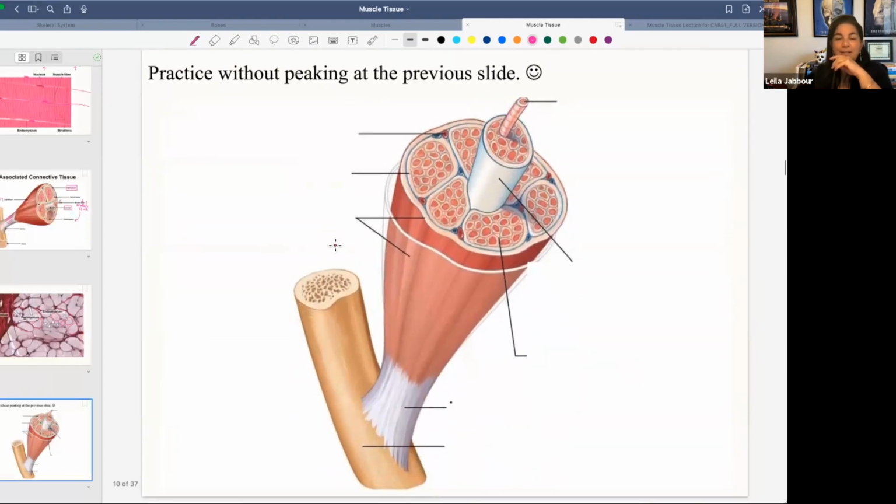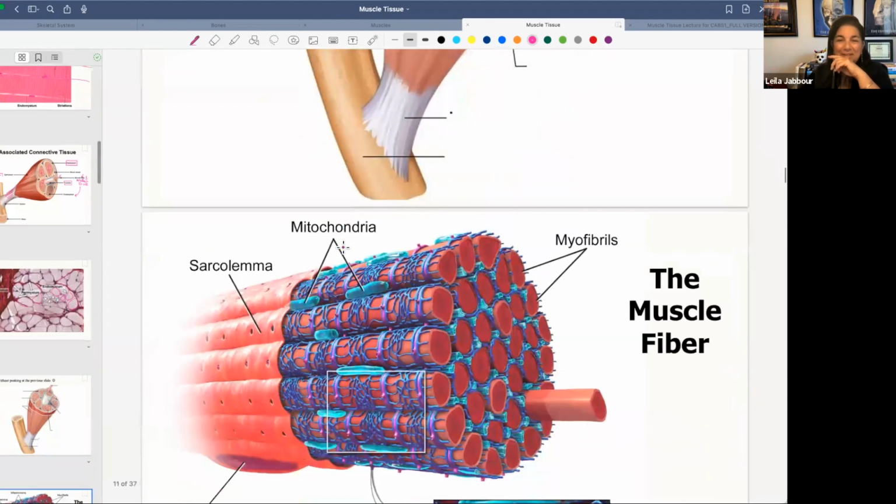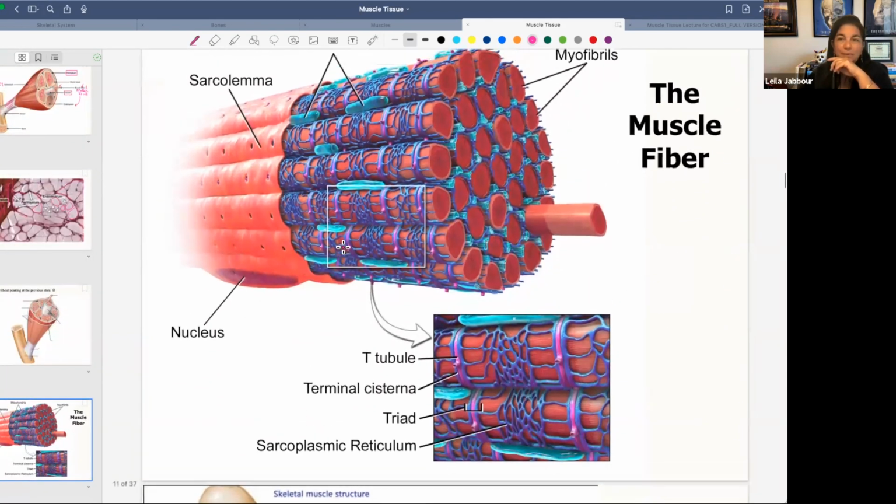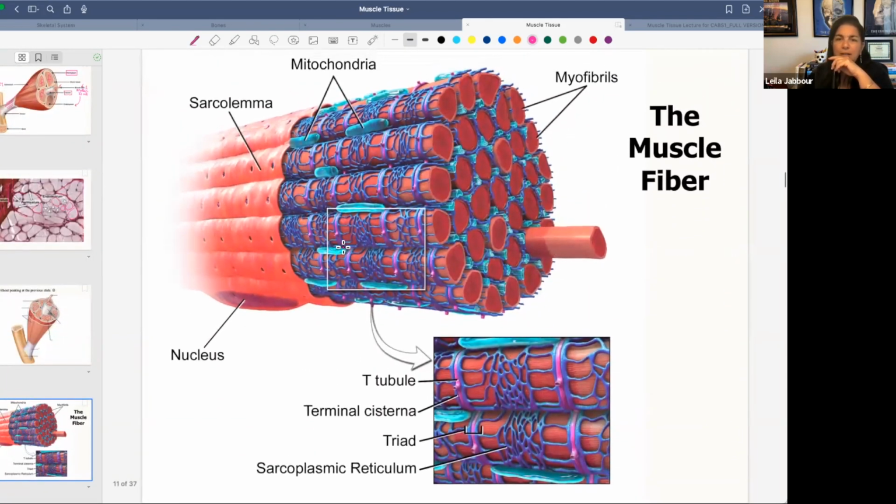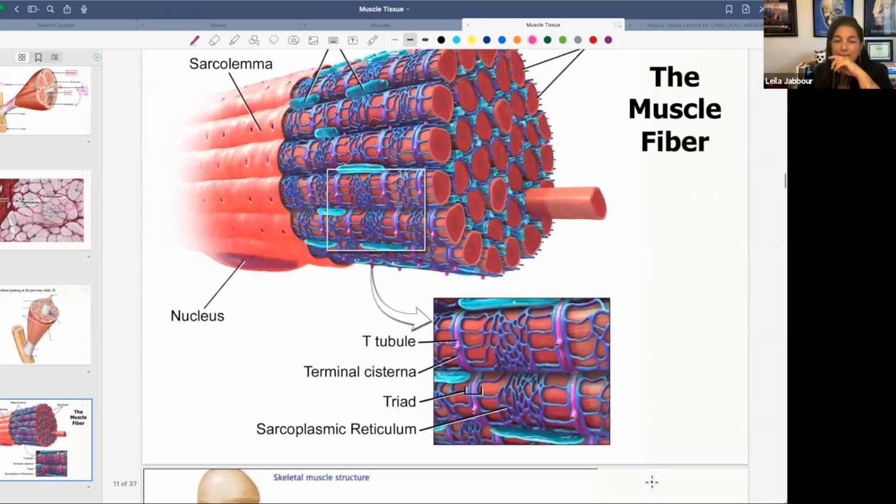Okay, so I added the diagram here. That's basically almost the equivalent of what I used 2 slides ago for you to practice labeling the connective tissue layers. And this is one diagram from a different source. I always forget to mention my source.